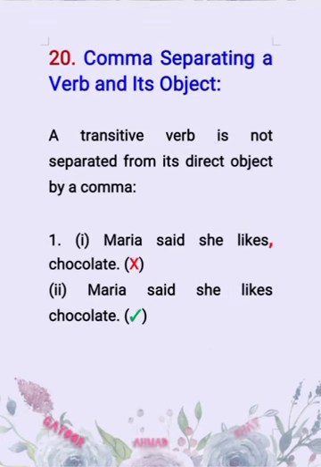Number 20, use of comma separating a verb and its object. Dear friends, a transitive verb is not separated from its direct object by a comma. For example, Maria said she likes chocolates. In the sentence, chocolates is the object of the verb likes and cannot be separated from it by a comma.